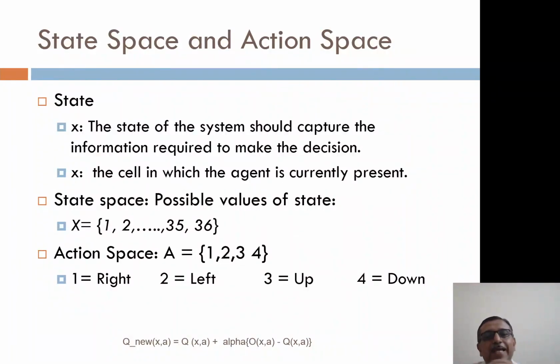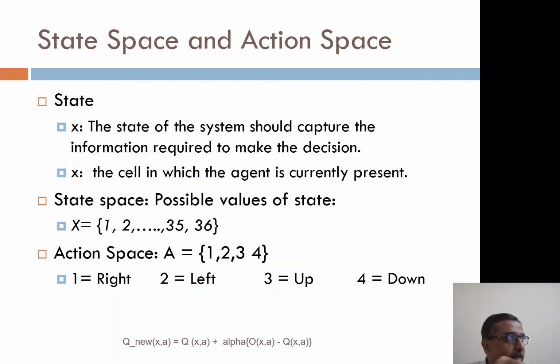So what is state for this problem? The state of the system should capture the information required to make the decision. In this simple example, the designer, in this case myself, is deciding what the state is. It's part of the solution, okay? The choice of state is part of the solution.